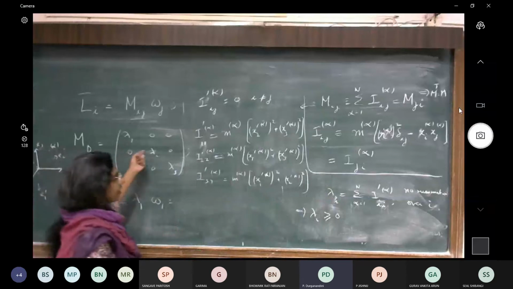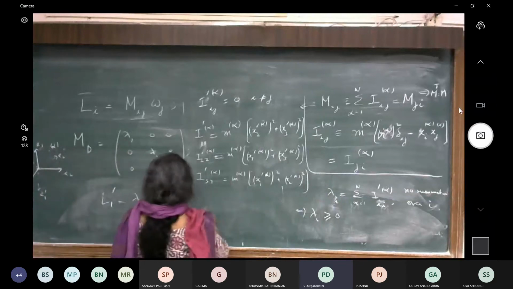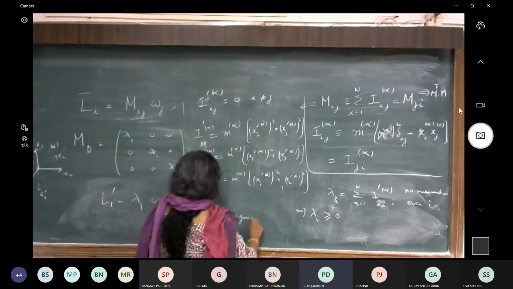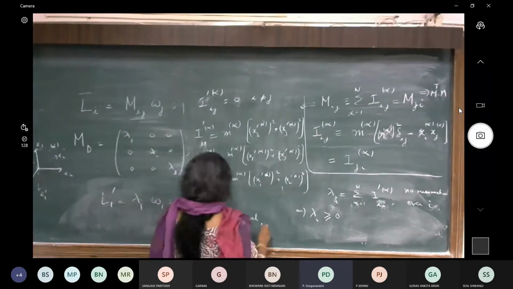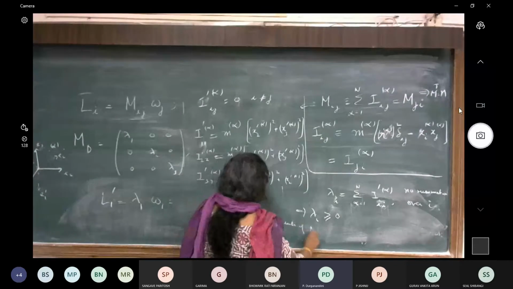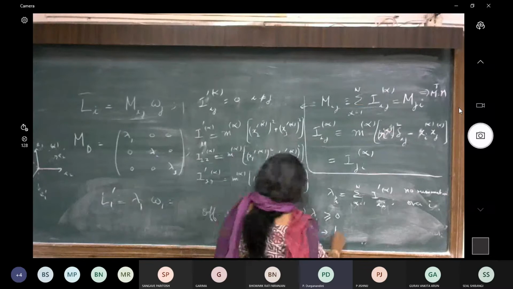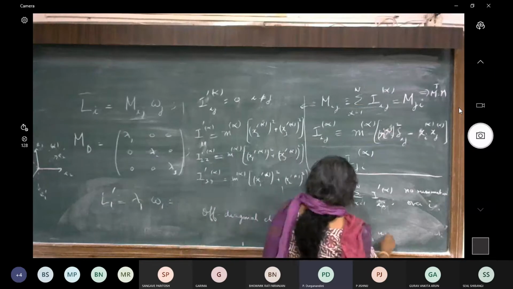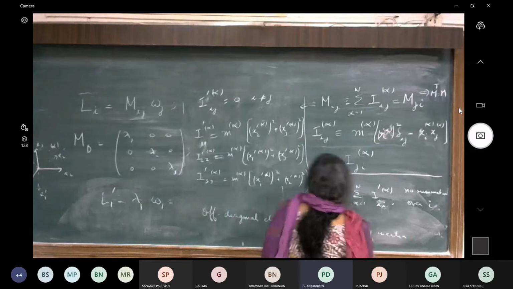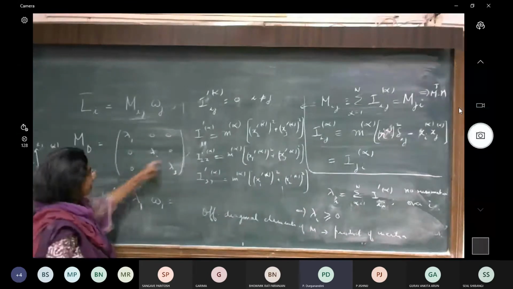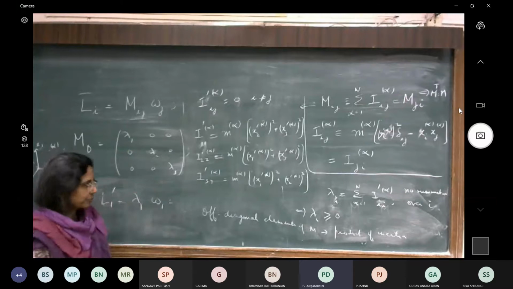And I should also mention that the off-diagonal elements are called products of inertia. So the diagonal elements are known as moments of inertia. Off-diagonal elements of M are called products of inertia. So if you are in the principal axis basis, then your products of inertia are identically equal to 0, only you will get these moments of inertia.